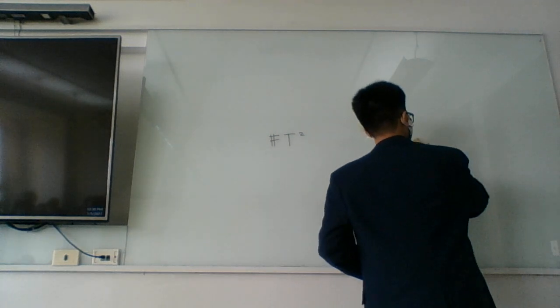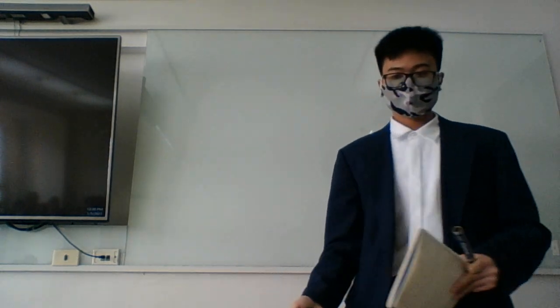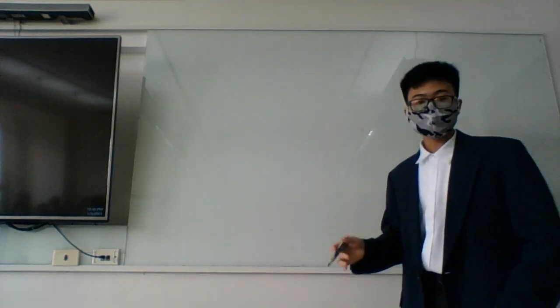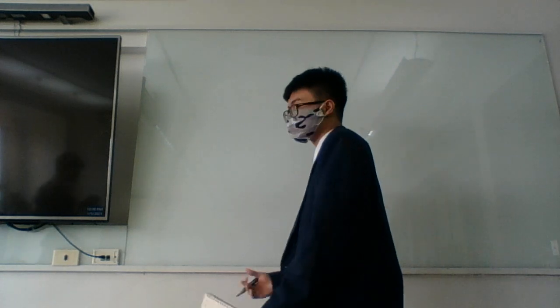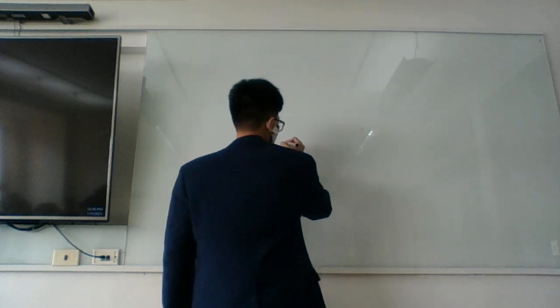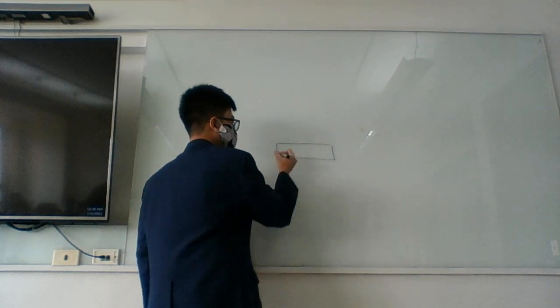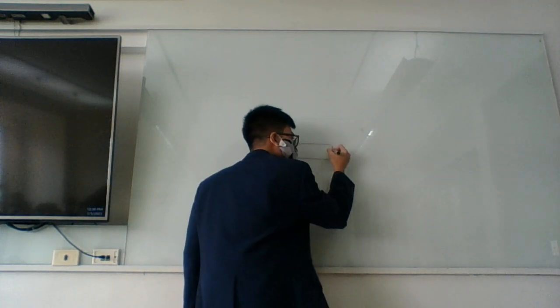Okay, so right. We begin with the identification space of a torus, and you guys will remember that as taking a strip and then identifying the edges like this.